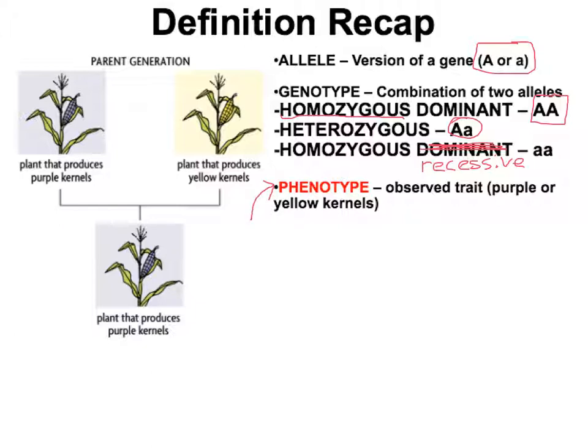So genotype is your combination of alleles or your combination of letters, but phenotype is actually what you see, the observed trait. In this case, the phenotype for corn can be purple or yellow. So the phenotype for this one is purple. When you cross that with a yellow phenotype corn, the resulting offspring have a purple phenotype.